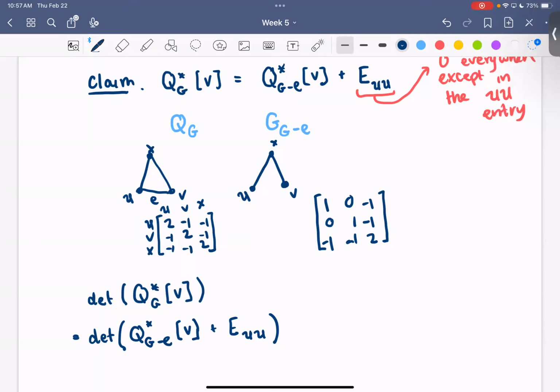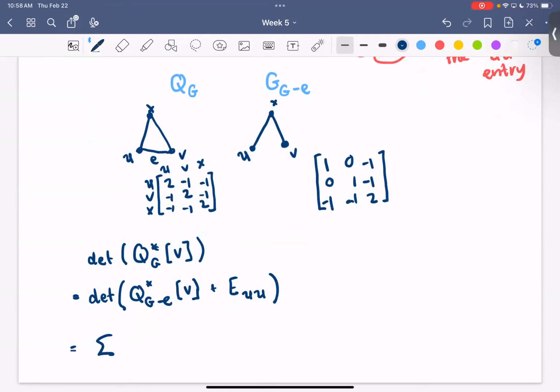Okay, so this is where it's going to get a little bit complicated. I'm going to write out the permutation definition of the determinant, and we'll analyze to see what this is. So this is going to be the sum over permutations sigma in, so how many vertices do we have in here? Well, if Q sub G was originally an n by n matrix, then now we're looking at n minus 1 by n minus 1 matrices.